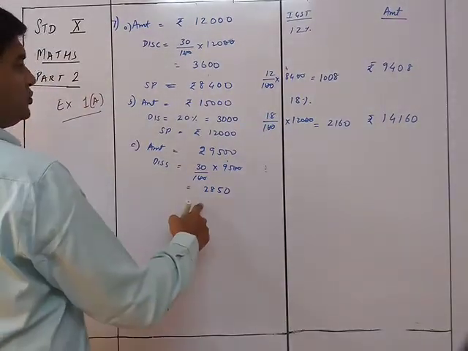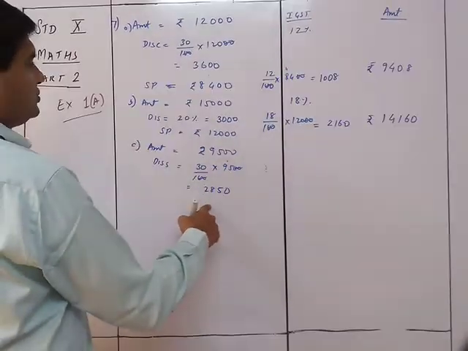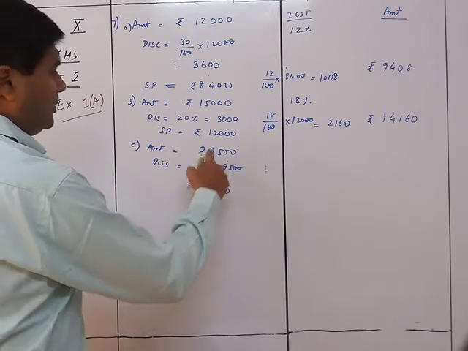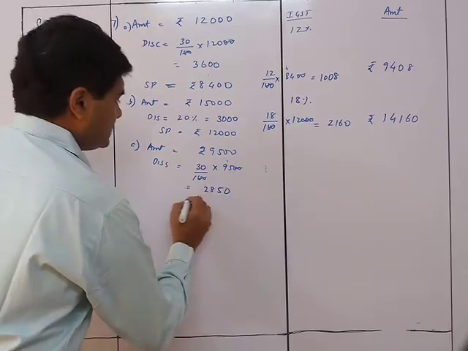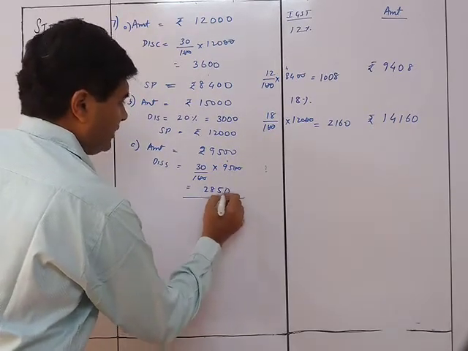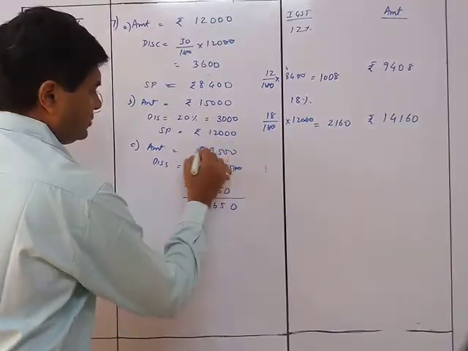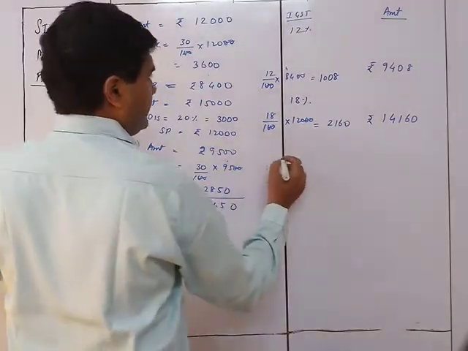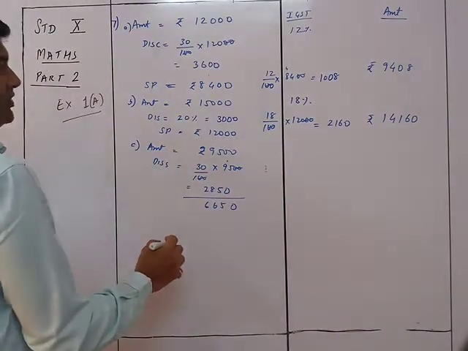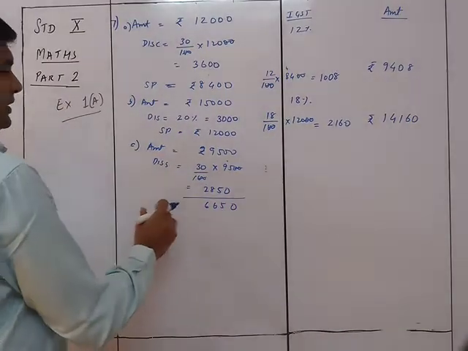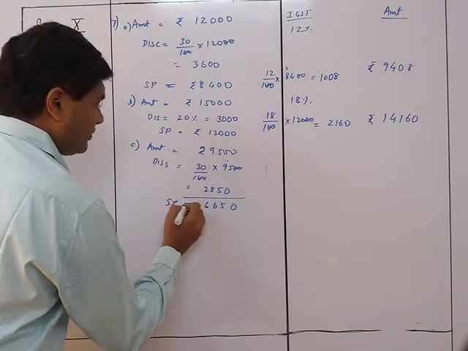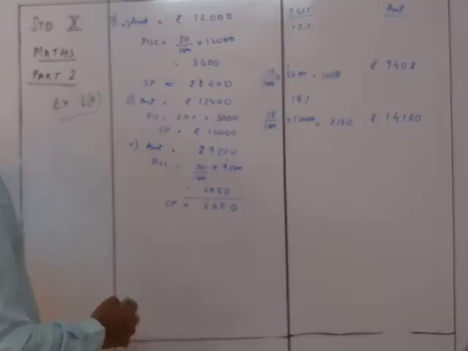So discount is this much. Accordingly the difference over here will be rupees 6650. So SP is equal to 6650, right?